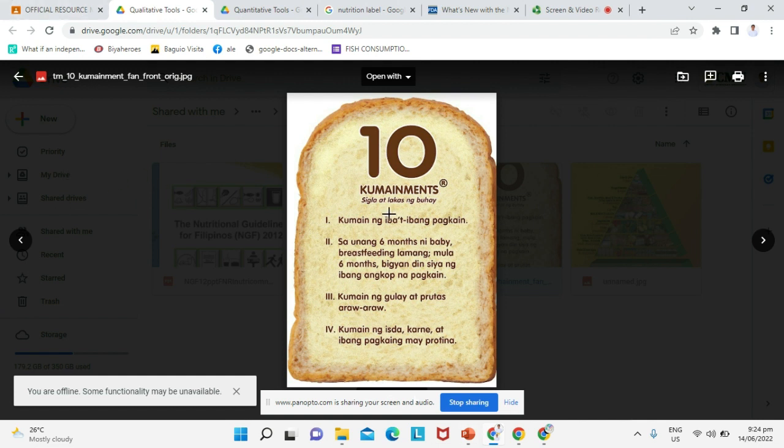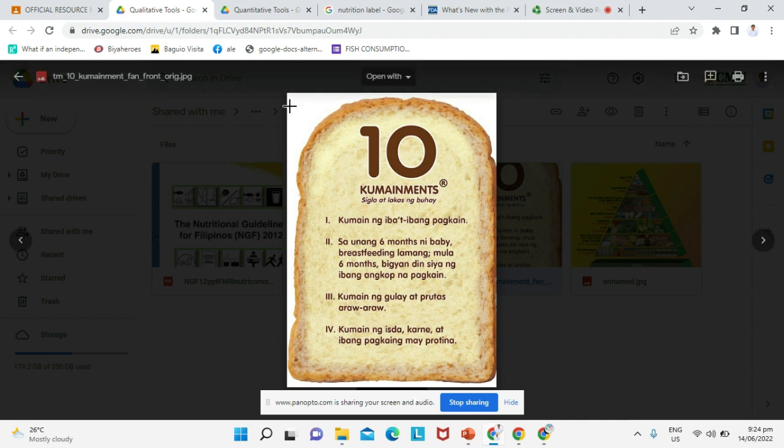So again 10 statements siya. Ang kanindot aning nga guideline is that it is written in different languages. Naa tay 10 commandments nga naka-Tagalog or naka-Filipino, naa pud ta naka-Bisaya. The NNC made sure of that.